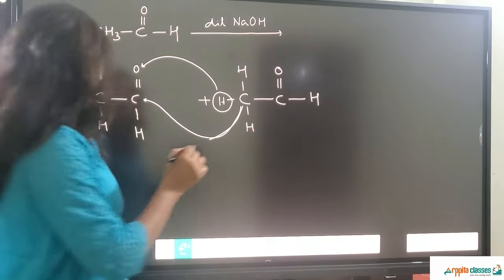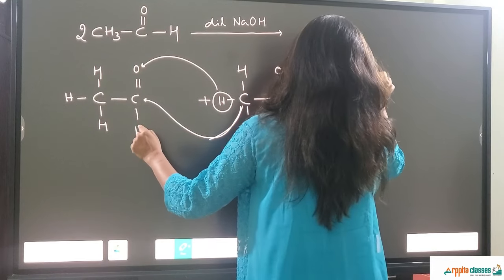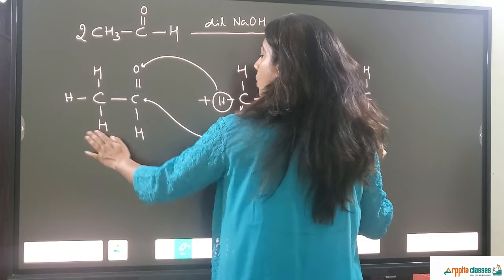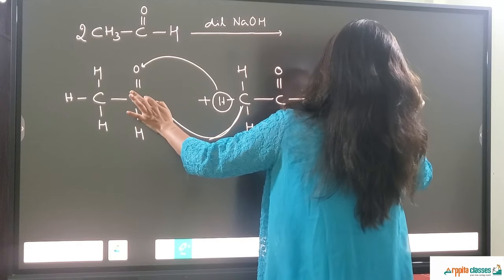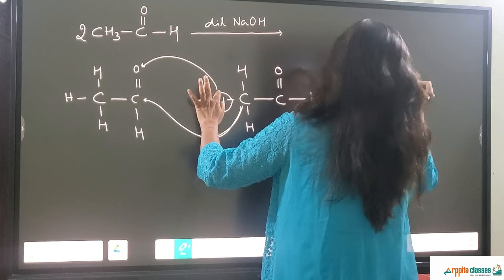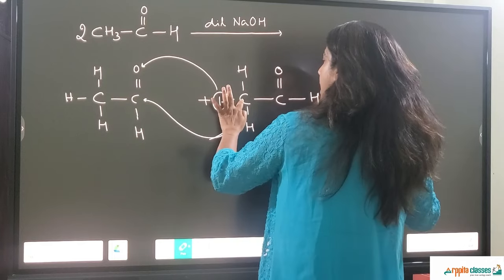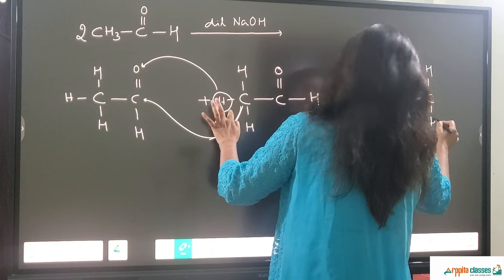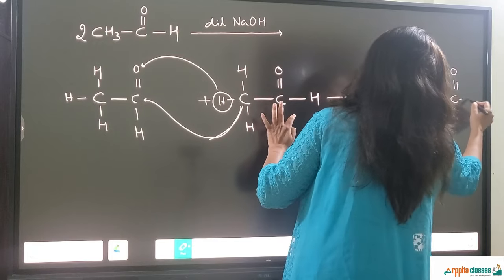So what is the product you see? First I am writing this part, C, H, H and H. Nothing happens here. Now the oxygen gets attached to hydrogen, so the double bond reduces to a single bond. This hydrogen is as it is, and there is a carbon-carbon bond. These are the two hydrogens attached to this carbon, and then we have C double bond OH.